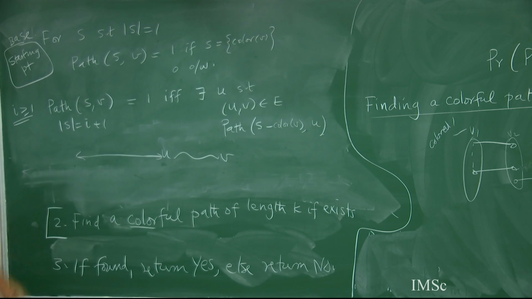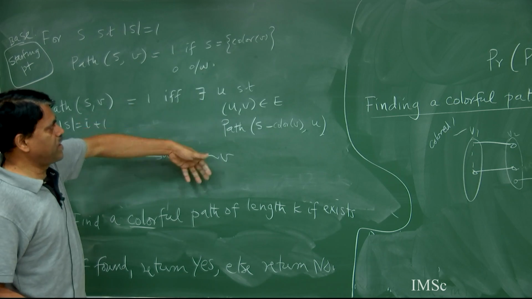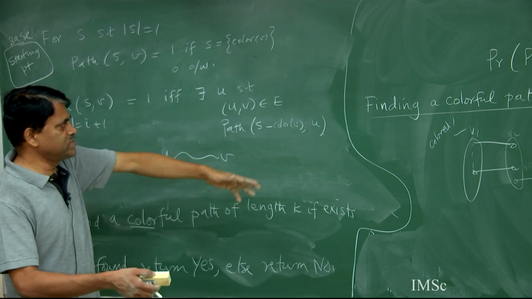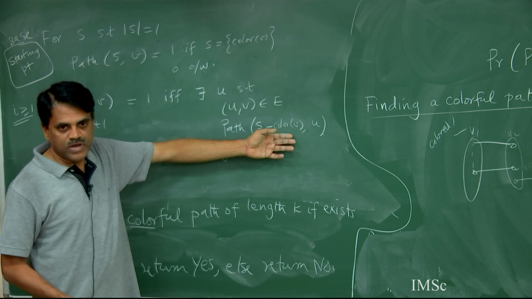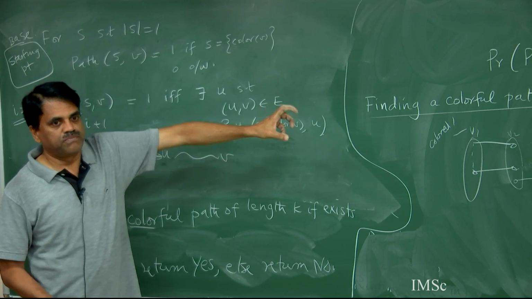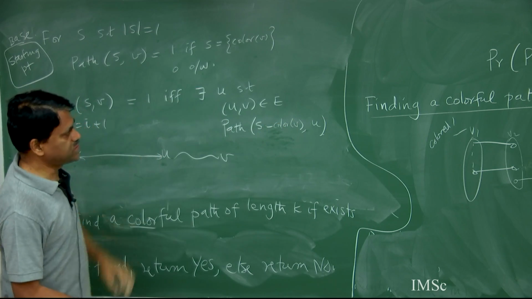If this happens, so you check all these neighbors, many vertices you have to check, but these entries have already been computed because this is a color set of smaller size. So, you pull out from there and just check.